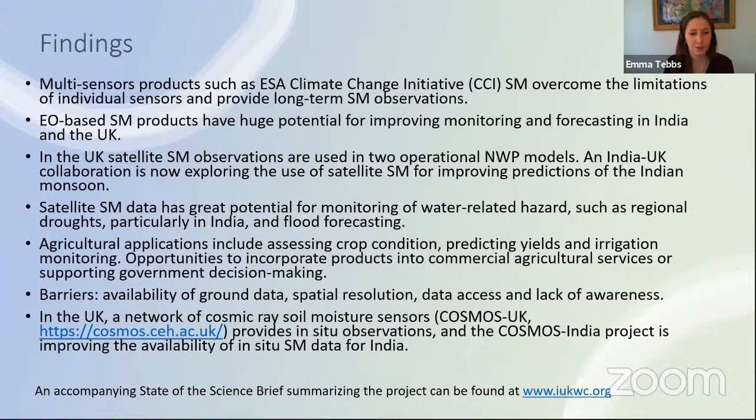In terms of in situ sensors, we found that in the UK, there's a network of cosmic ray soil moisture sensors that can be used to provide in situ observations for validation. And also the Cosmos India project is improving the availability of in situ soil moisture data in India. So for anyone who's interested to find out more about this work, there's a state of the science brief that can be found on the India UK Water Centre website.